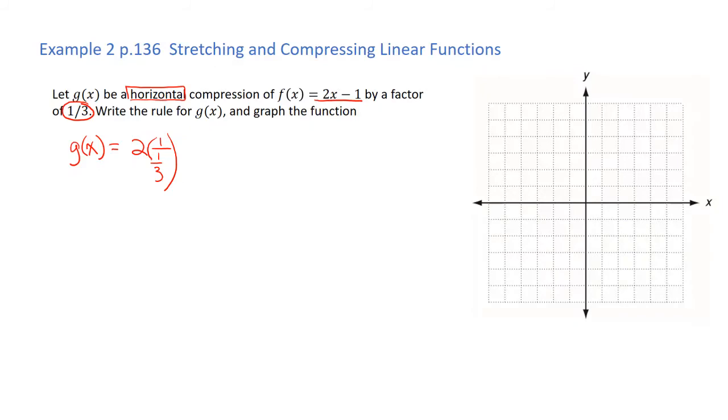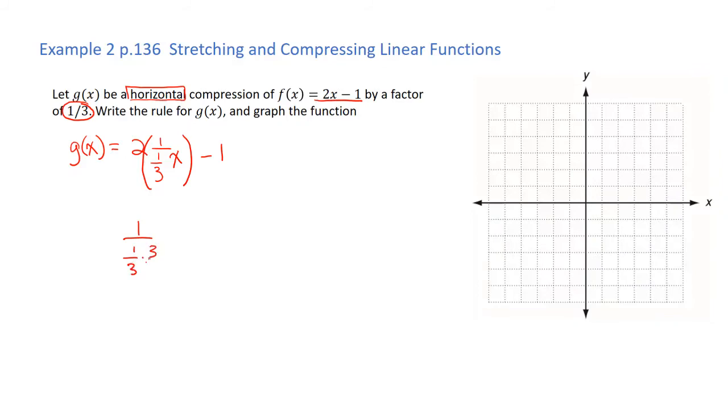All right, so let me get this back in here. See if I can, oops, there we go. Okay, we want this to be multiplied by our x. All right, and then we can go ahead and finish up the rest of our equation, minus 1. All right, so let's deal with this. 1 over 1/3.